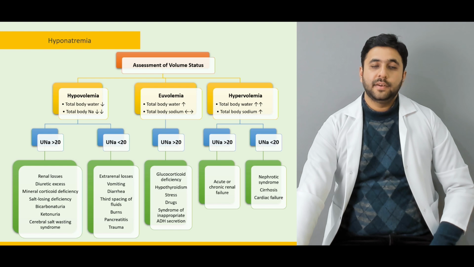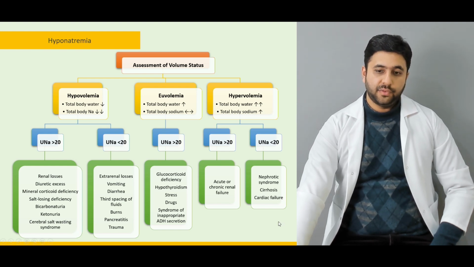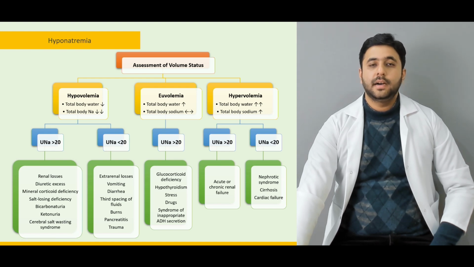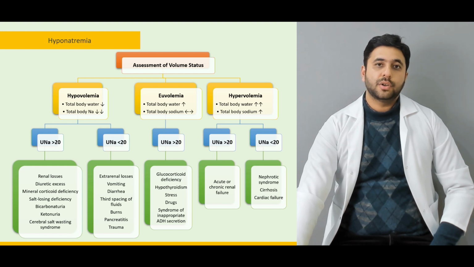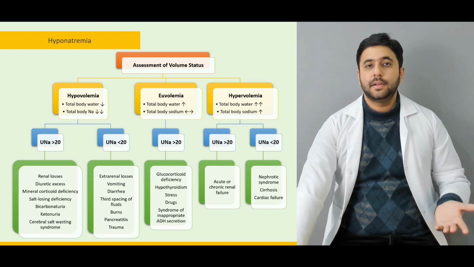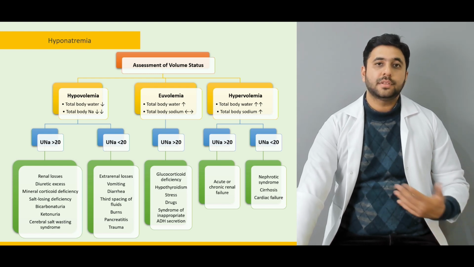And also there is splanchnic vasodilation, which leads to an alteration in the Starling forces. In nephrotic syndrome, the patient will be urinating a lot of proteins, which leads to a decrease in the plasma oncotic pressure, and that leads to loss of fluid into the interstitium, the third space fluid loss.